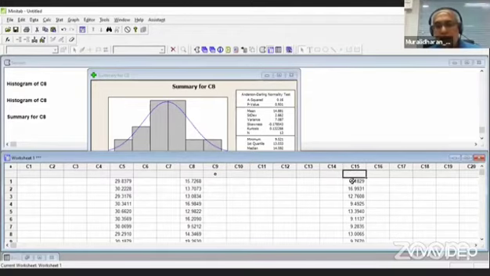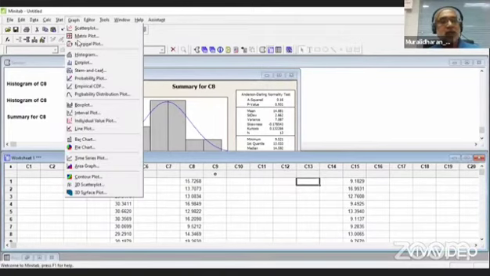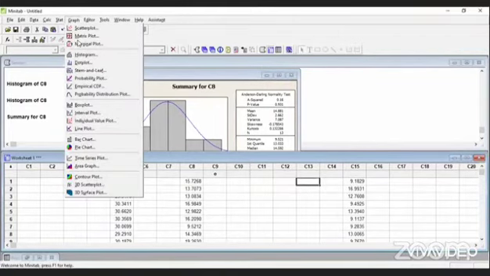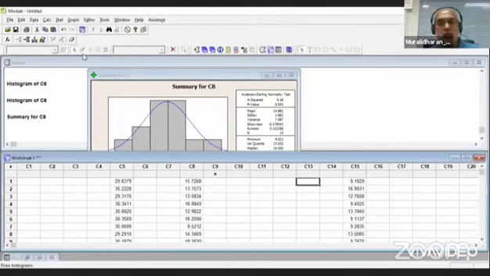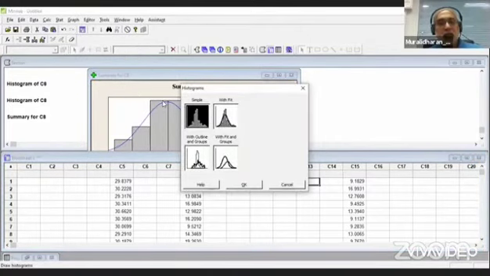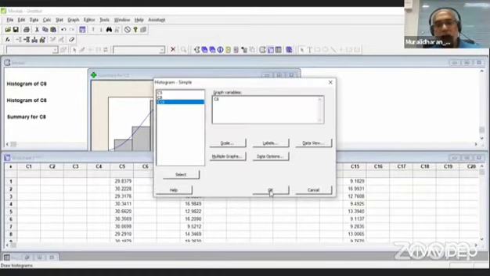Okay, let me draw this graph. So again, go to histogram, and I will take C50. So I have a perfect normal distribution.